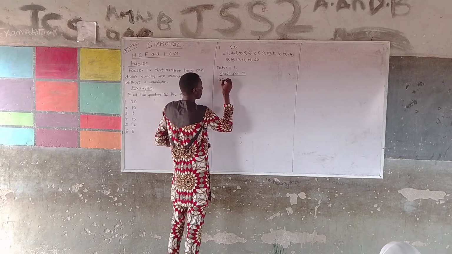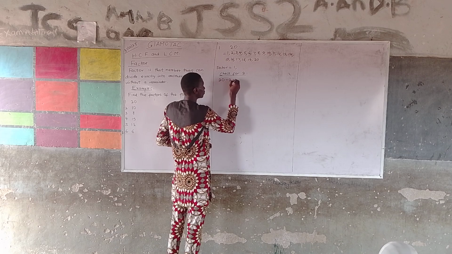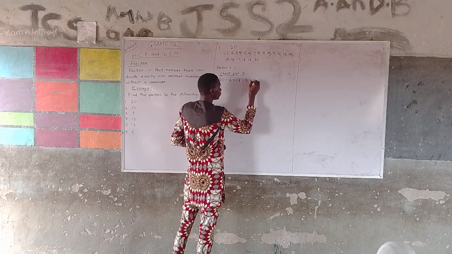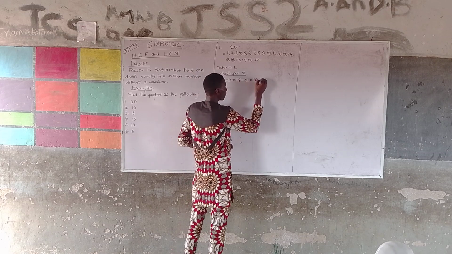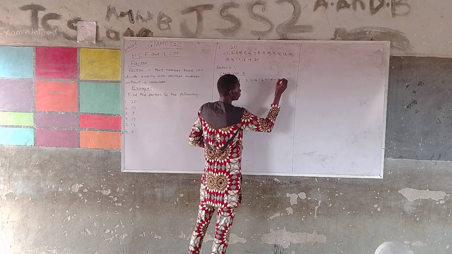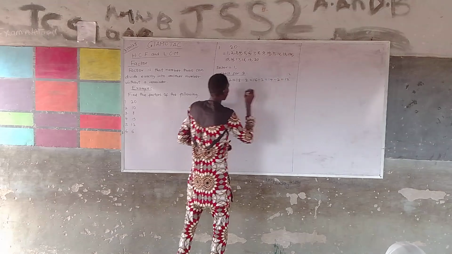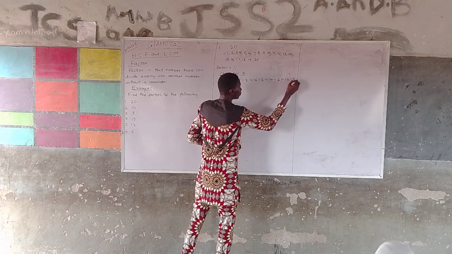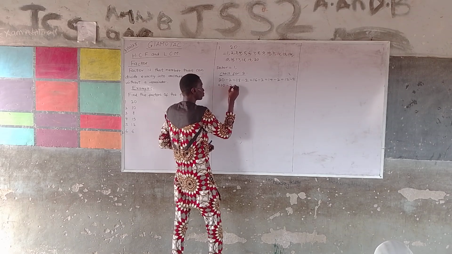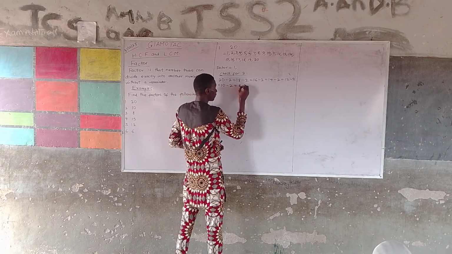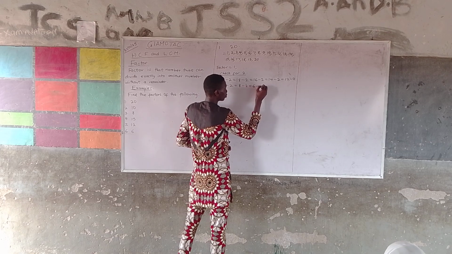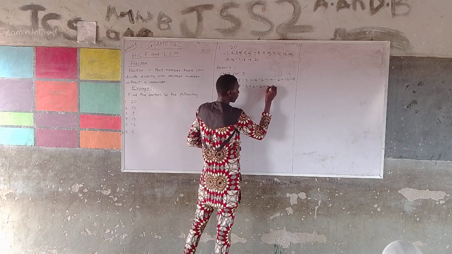20 minus 2, that's 18. Minus 2, that's 16. Minus 2, that's 14. Minus 2, that's 12. Minus 2, that is 10. Minus 2, that is 8. Minus 2, that is 6. Minus 2, that is 4.